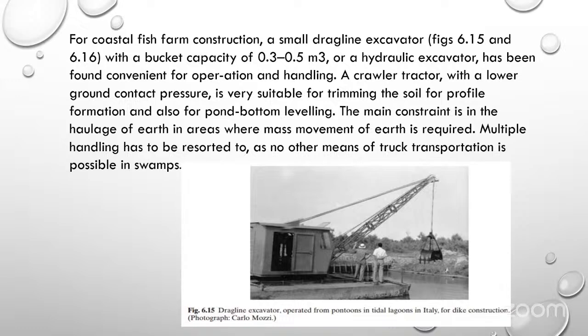And we also have learned about construction of pond farm, that is methods of construction and the material that we use in construction. And apart from this, we also have discussed about design and construction of other types of aqua farms like tank and raceway farms, raceway cage farms, pens and enclosures also.